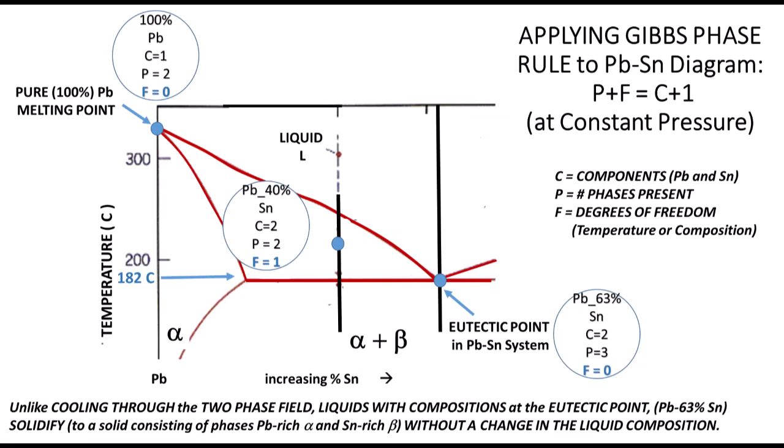In this case, the solid is alpha, but because it's forming above the eutectic temperature, we refer to it as proeutectic alpha. So as we cool through the two-phase region, we begin forming proeutectic alpha, and its composition tracks along the solidus curve on the left-right curve of that two-phase region.